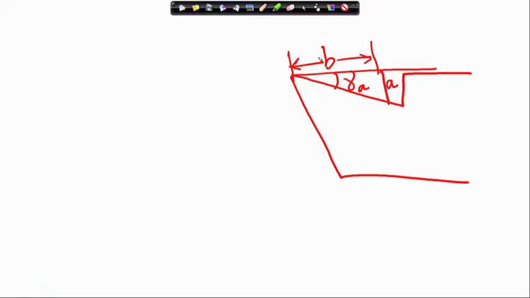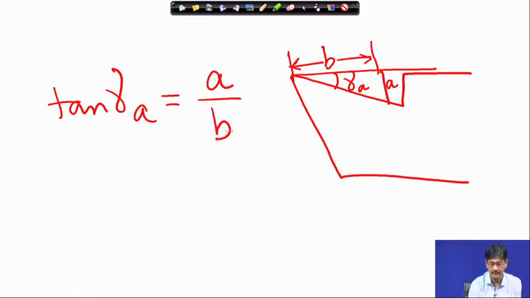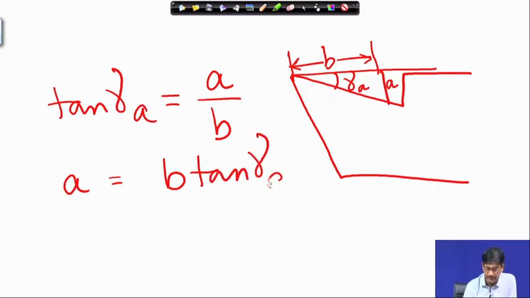Therefore, in this case I can write tan gamma E is equal to simply E by B, perpendicular by base. This means that I can express E as B tan gamma E. This is the relation that we will be using extensively in our calculations.